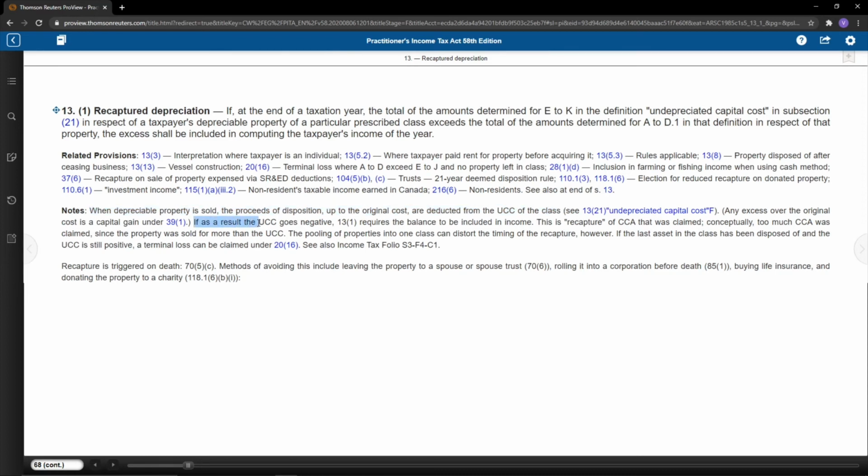If, as a result of that, the UCC goes negative, 13 subsection 1, where we are now, requires the balance to be included in income. And this is called recapture of CCA that was claimed. Conceptually, too much CCA was claimed since the property was sold for more than the UCC.